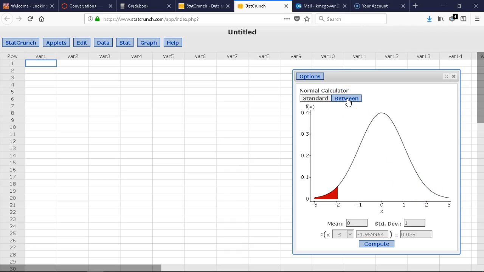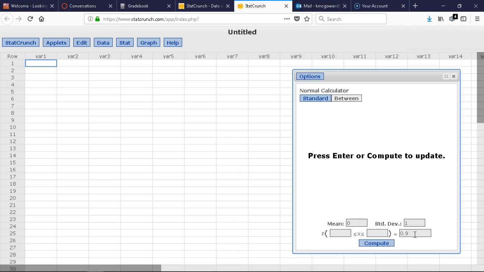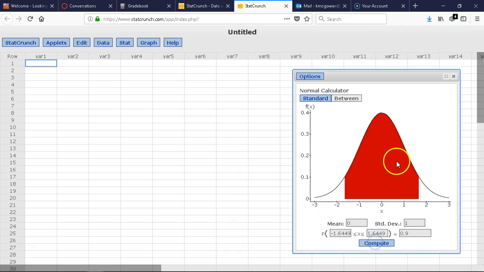You can also do this using the between calculator. If you do that, let's say for alpha equals 0.1, you would just put in the complement, which would be 0.9, because what this is doing is calculating using the center area. And so the tail area versus the middle area: if you put in the middle area of 0.9, that leaves you a tail area equivalent to alpha of 0.1.